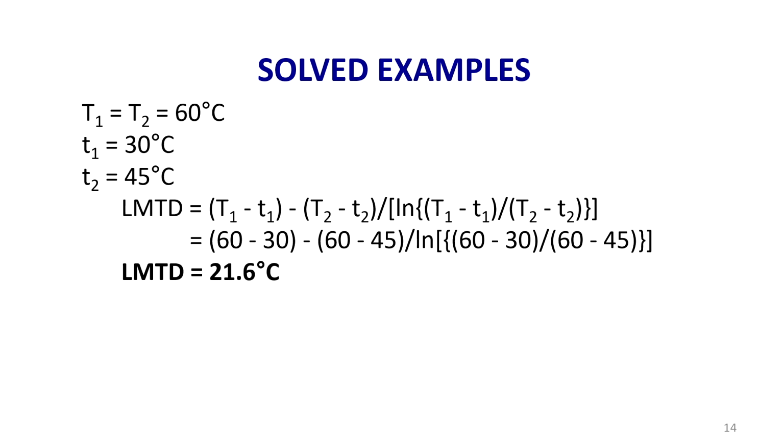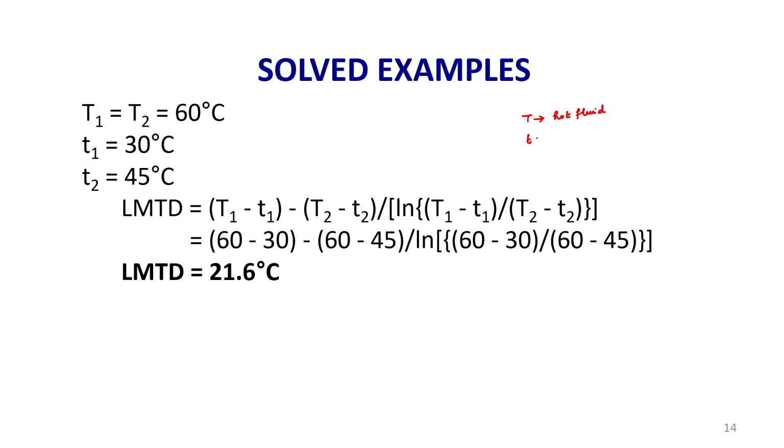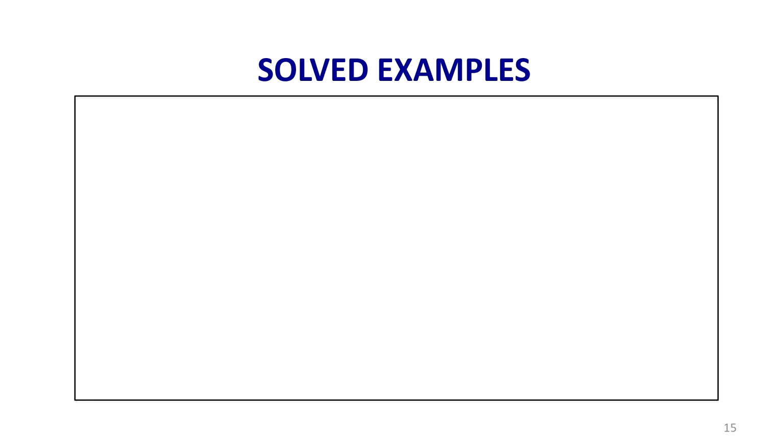Let me remind you, capital T is the hot fluid, the one which will be cooled, and the cold fluid is the one which will be heated, and small t is the cold fluid. The hot fluid is capital T1, and because it is condensation, a phase change process, there is no change in the temperature of the hot fluid, only phase change.